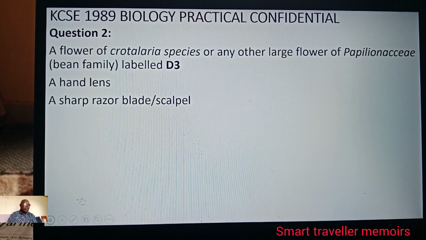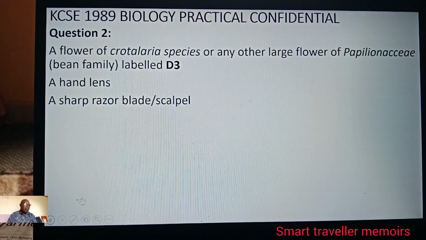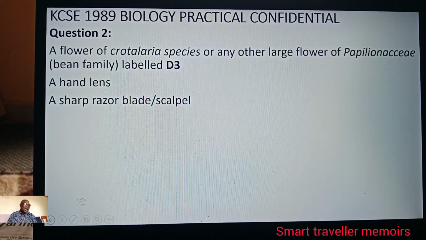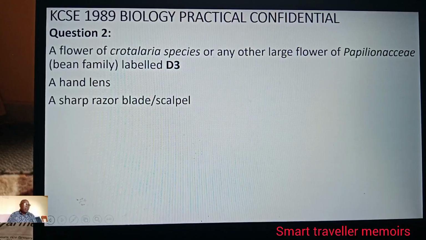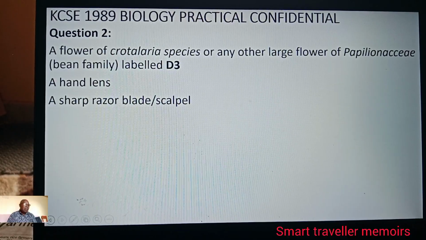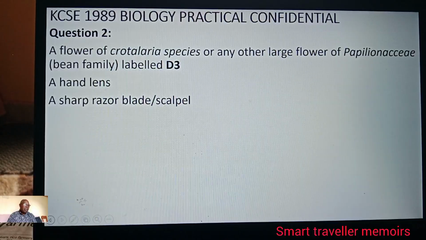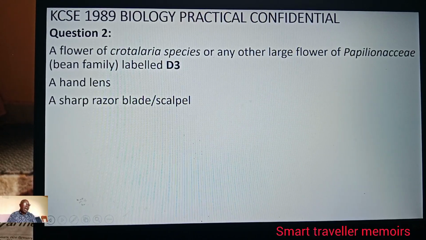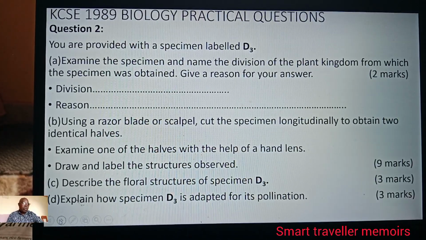The specimen was a flower of Crotalaria species, or if the schools miss that, any other flower of the Papilionaceae or bean family, labeled D3. And then you are being given a hand lens and a sharp razor blade or a scalpel. You can use a scalpel.